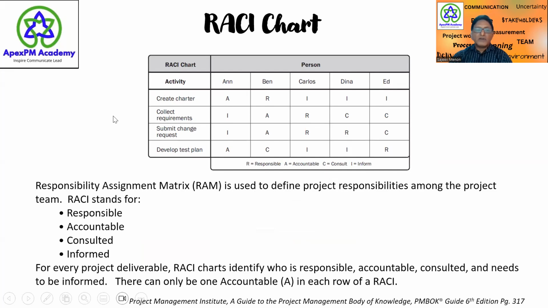For example, Anne is accountable for creating the charter, whereas Ben is responsible, and Carlos, Dinah, and Ed are informed. For every project, RACI charts identify who is responsible, accountable, consulted, and informed. As far as accountability is concerned, there can be only one person who is accountable for any activity.